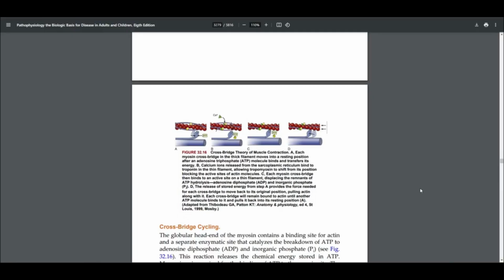Okay, and then in part C, each myosin cross-bridge binds to an active site on the thin filament, replacing the remnants of the ATP hydrolysis, the adenosine diphosphate, ADP, and inorganic phosphate, Pi.